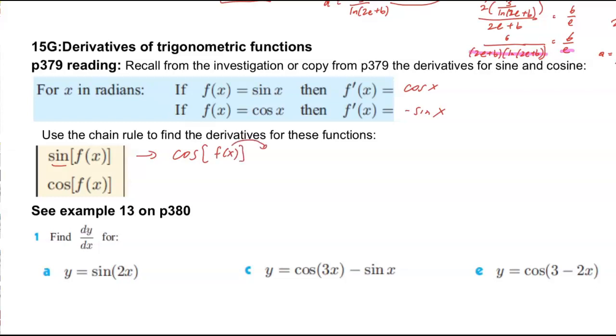Then I take the derivative of the inside. Then I'm done. What about if I have cosine with something inside? So the derivative of the outside is negative sine. The inside stays the same. And then we take the derivative of the inside and multiply it at the end. So it looks like that.